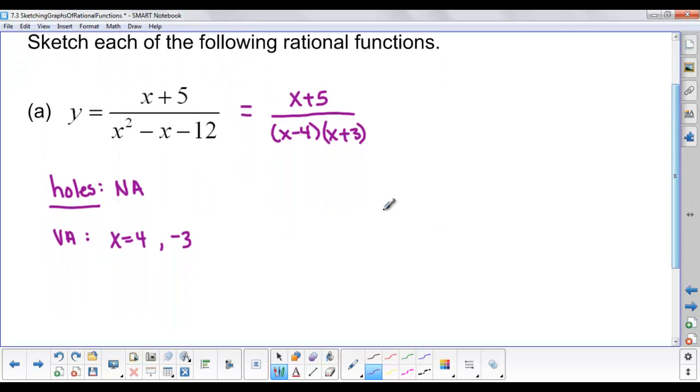Similarly, the x-intercepts come from when the numerator equals 0. With the numerator, we see that when x equals negative 5, we will get an x-intercept. We can list our y-intercept as well. The y-intercept happens when x equals 0, so we'll sub in x equals 0 and solve for y.